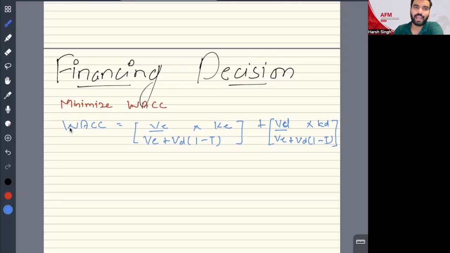First of all, these theories are given by Modigliani and Miller. What they did was construct a mathematical model to provide a basis for financial managers to make the financing decision. From an exam perspective, everyone, they might ask you to come up with the model, but they will not ask you to prove it.